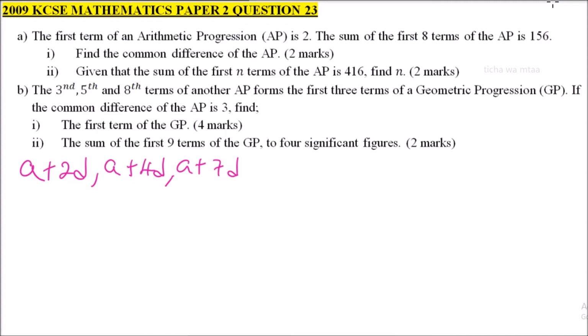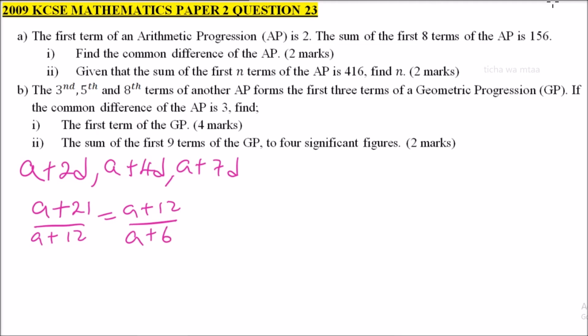So for us to find the common ratio, we divide a plus 7d, because our common difference is 3, 7d will be 21. You divide by this other one, 4 times 3 is 12, so it will be a plus 12. The other one will be a plus 12, all divided by a plus 6.